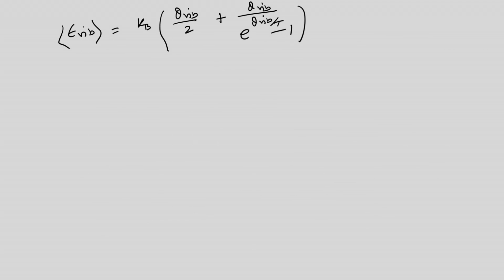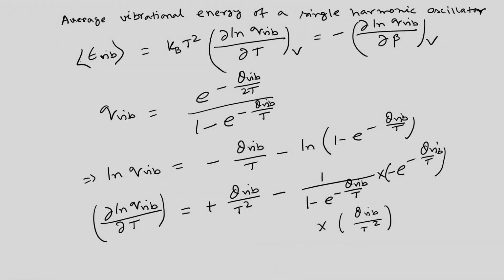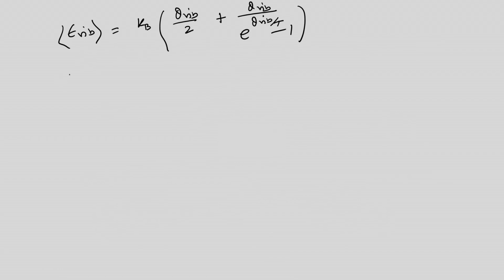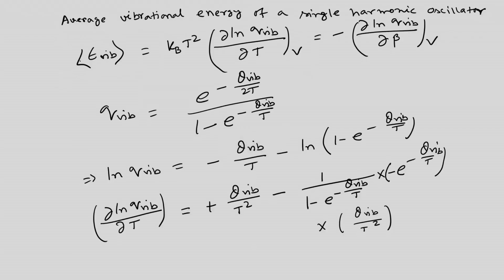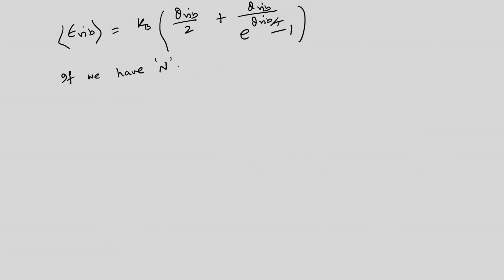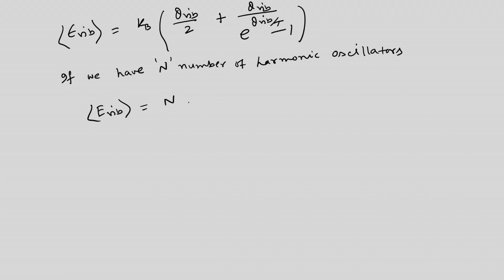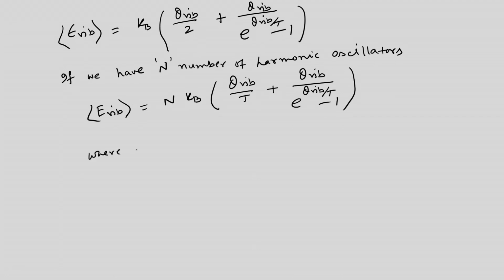Okay. So, if we have n number of such harmonic oscillators in the system, then the average vibrational energy of the system is N kB times the same expression, and we know N equals small n times Na, where Na is Avogadro's number.